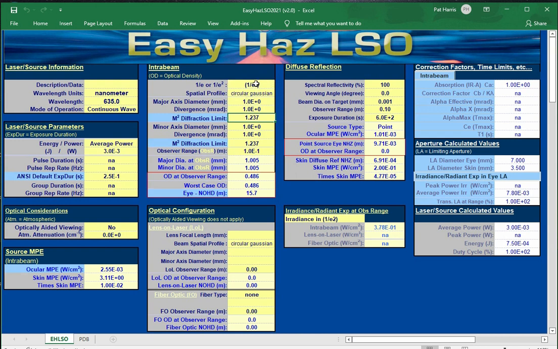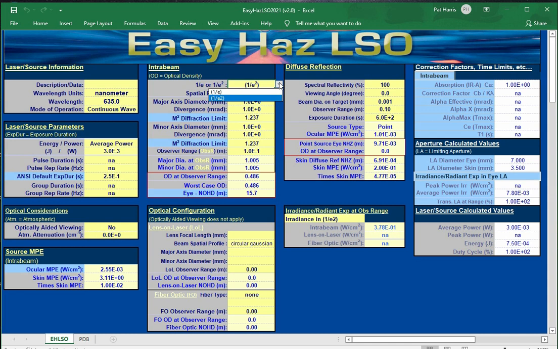Let me quickly talk about 1/e squared and 1/e choices. If that criteria isn't given to us, we select 1/e squared because it will give us a more conservative result. Most of the time, we're given the beam parameters in 1/e squared, because laser manufacturers work in 1/e squared.